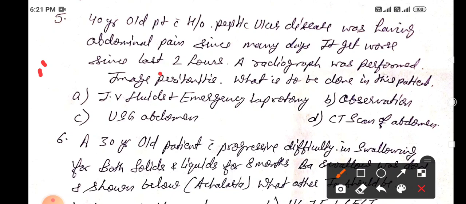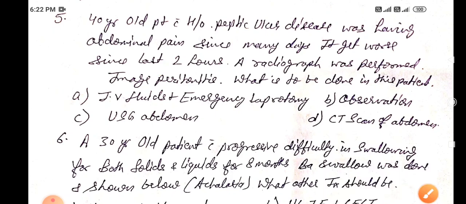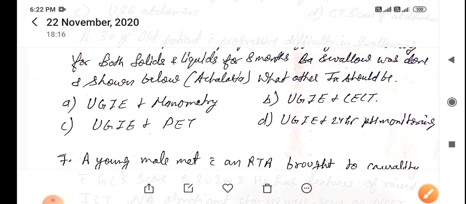USG is not needed, and we are going to observe here. The best step is IV fluids and emergency laparotomy, or we can use observation also. Both are correct, but the best one is IV fluids plus emergency laparotomy.